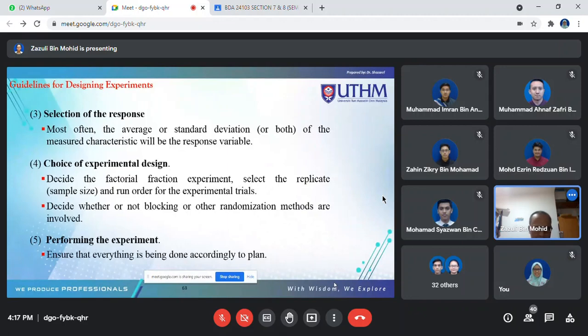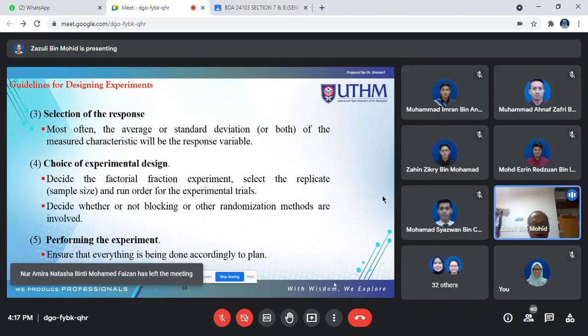So the next one is to choose the experimental design. Okay, decide the factorial fraction experiments, select the replicate sample size, run order for the experimental trial, and decide whether or not blocking or other randomization methods are involved.